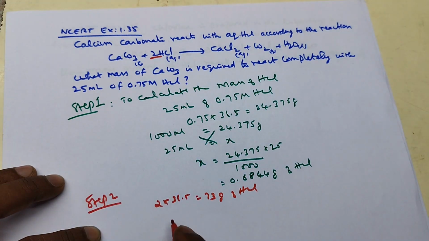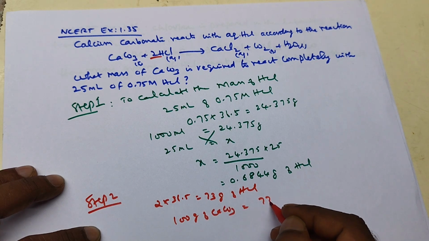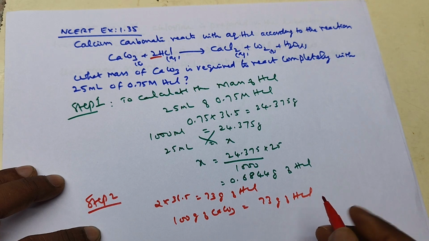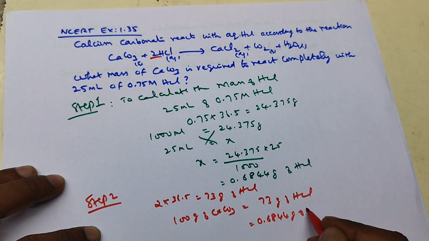So the molar mass of calcium carbonate is 100 gram, and 100 gram of calcium carbonate reacts with 73 gram of HCl. Then 0.6844 gram of HCl will react with how much gram of calcium carbonate? That is the question.